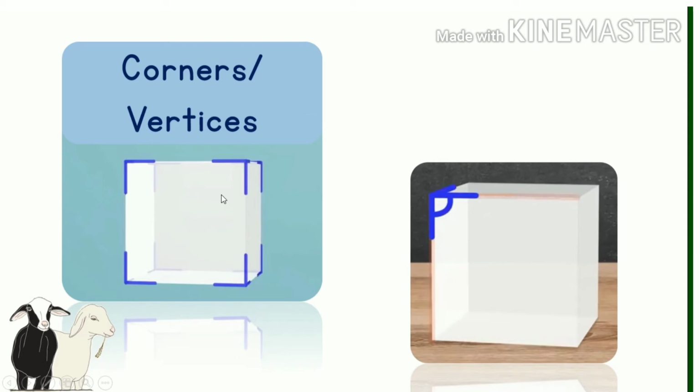So let's count the cube vertices in this picture. There is 1, 2, 3, 4 in the back, 5 in the back, 6, 7, 8. So in this cube, we have 8 corners or 8 vertices.